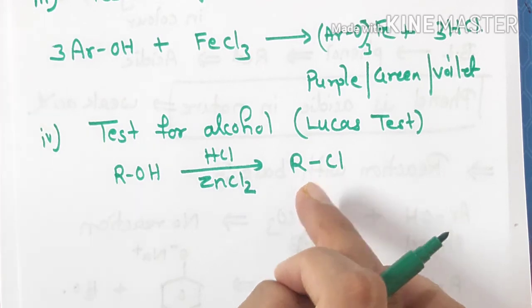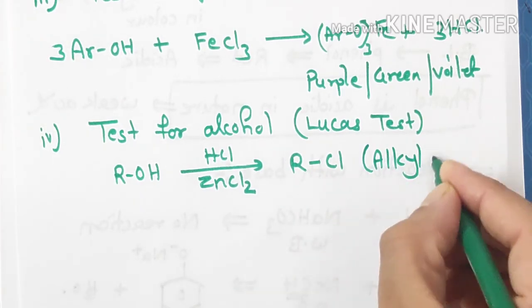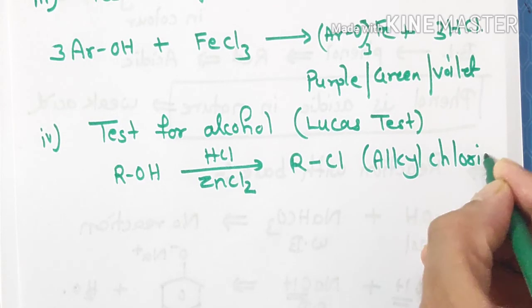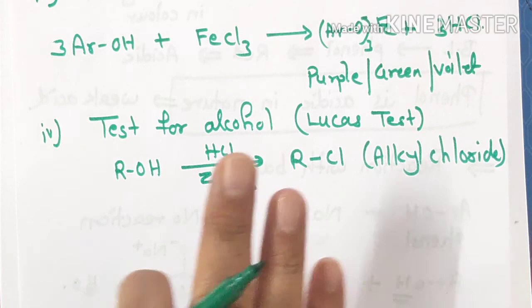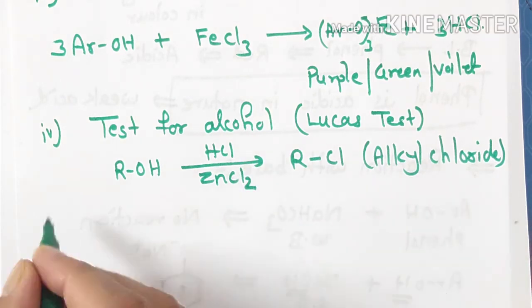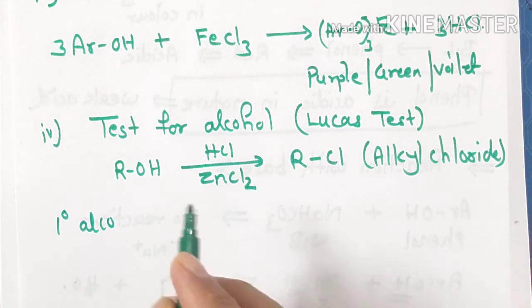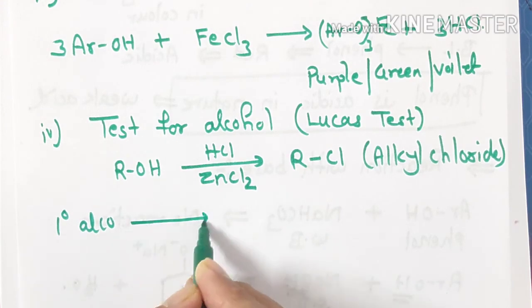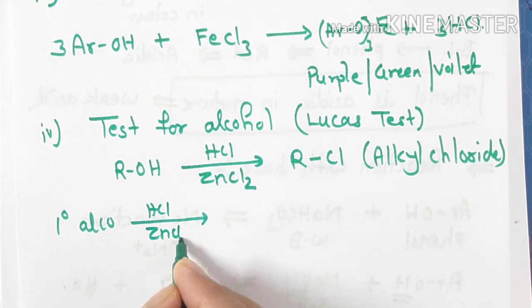So actually it gives alkyl chloride. Now understand. If I take 1 degree alcohol and treat this with HCl and zinc chloride, this is one.